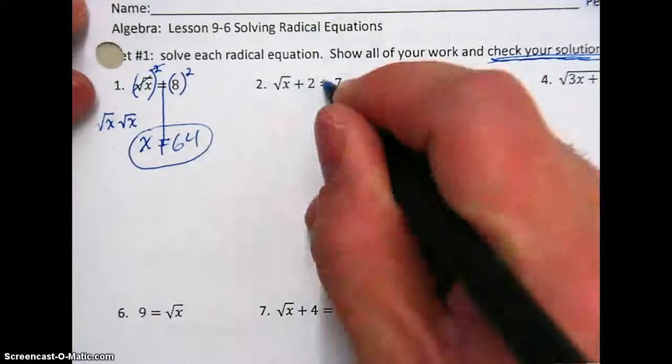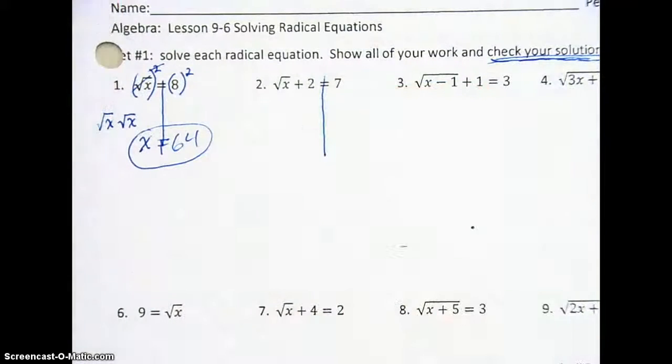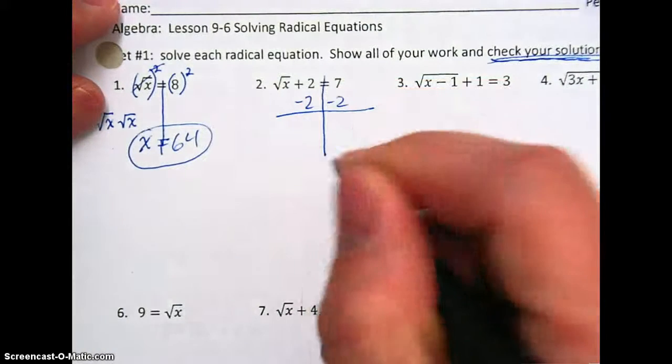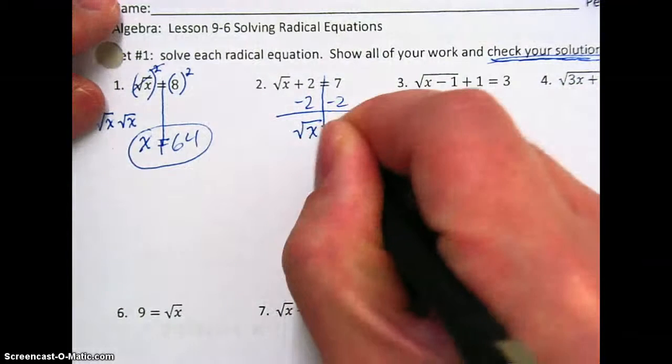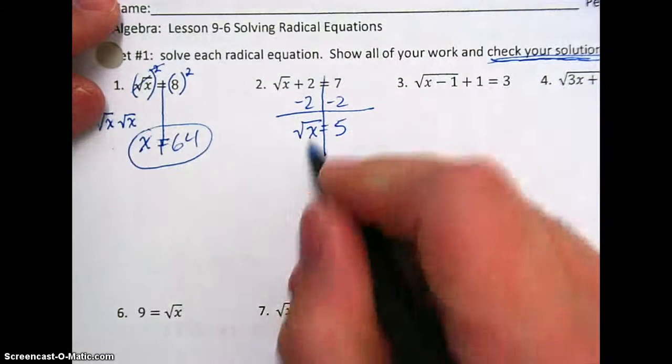Now, I want everyone to go through the first step on number 2. Actually, try the first 2 steps there. See how you do. Sharing with your neighbor, what was the first thing we had to do? Charlie? Square the square root. Kelly? Subtract 2. Thank you. Subtract 2, we get root x. Root x equals? 5. How do we get rid of the squared?